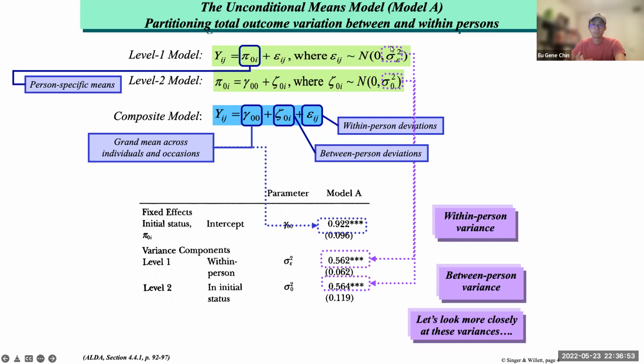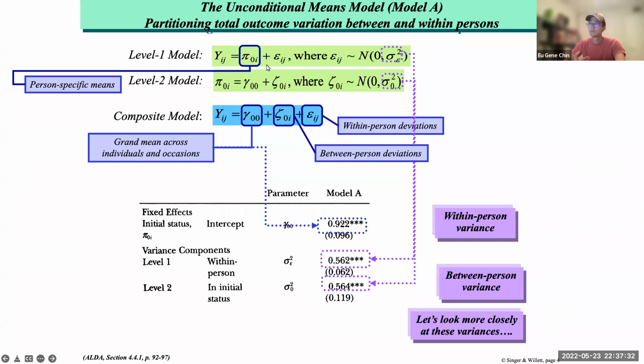This level 1 residual is also called the within person deviation, because it captures the distance between yij and pi subscript 0i. And then for person i, their estimated true mean is going to deviate from the population average, and that's captured by zeta subscript 0i. This level 2 residual is also known as the between person deviation that assesses the distance between pi 0i and gamma 0,0.